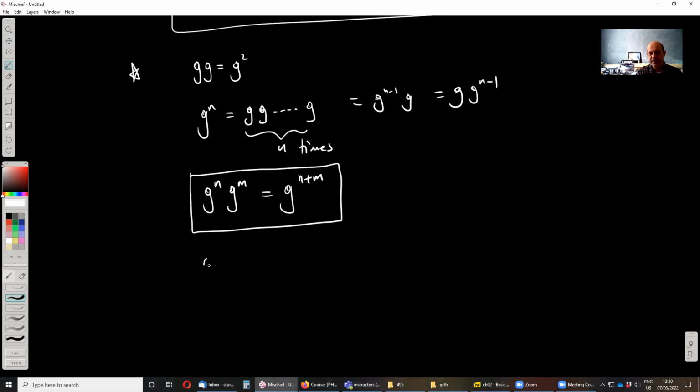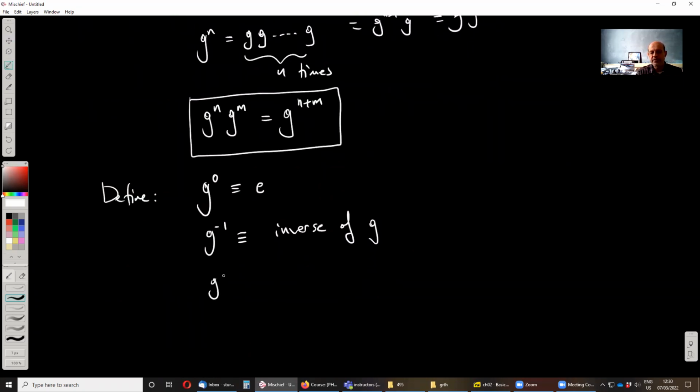So I'm going to define the 0th power of an element as the identity. So that's the definition. And the minus 1th power as the inverse of G. But incidentally, we're using this notation to express the inverse, okay?